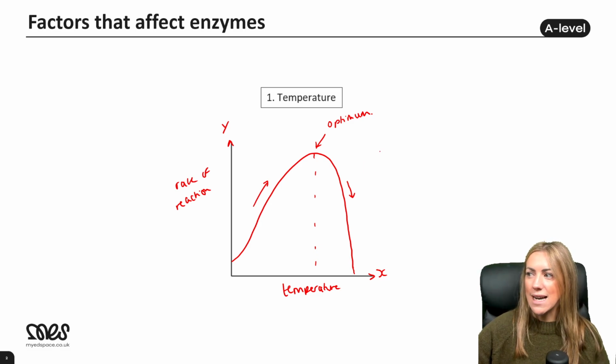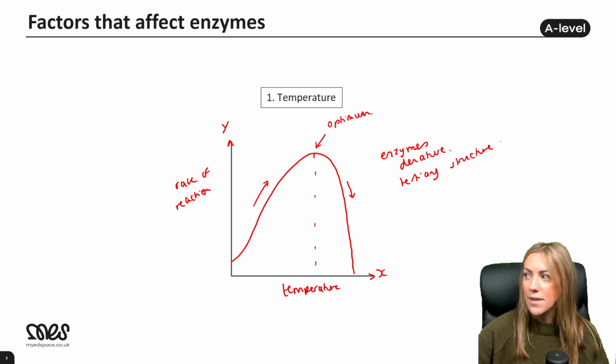Let's start with this side because this is the easiest side, where you go above the optimum temperature. Obviously, above optimum temperature, enzymes will start to denature. Okay, and we went through this in the last video, but what that basically means is that the tertiary structure is lost. Okay, the bonds that hold the tertiary structure will start to break.